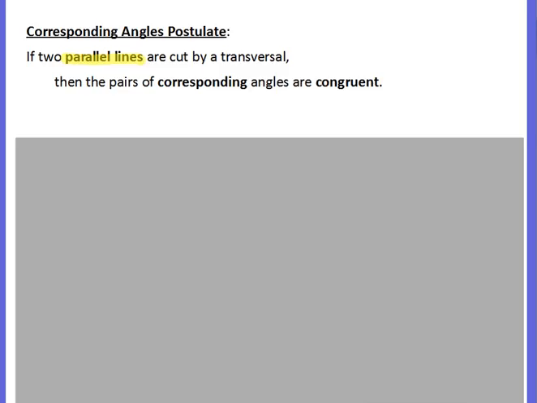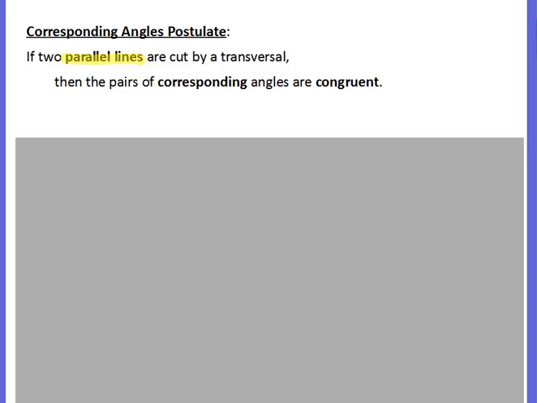If 2 parallel lines are cut by a transversal, and really the point is that these lines are parallel. Remember, in the last class we talked about all sorts of things happening to angles when 2 lines get crossed by a transversal. Now these 2 lines we're talking about are parallel, and because they are parallel, we can not only state their relationships using the different vocabulary, but also the measurements.